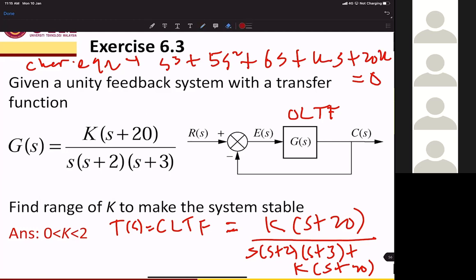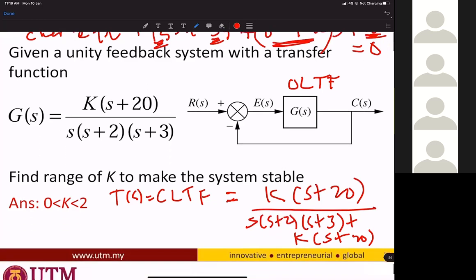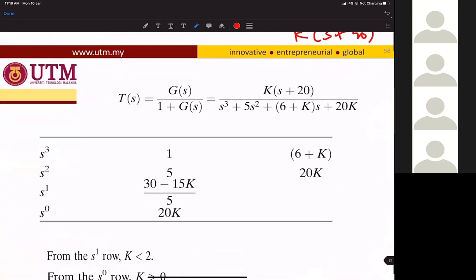Okay, so this one can be simplified. What is the coefficient, Rida? 1, 5, 6 plus K, 20K. So we take these coefficients and plug them into the Routh-Hurwitz table.